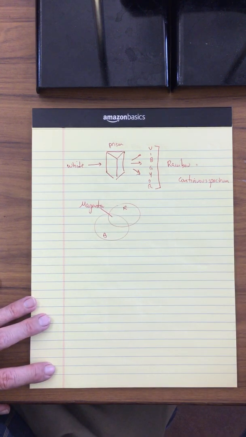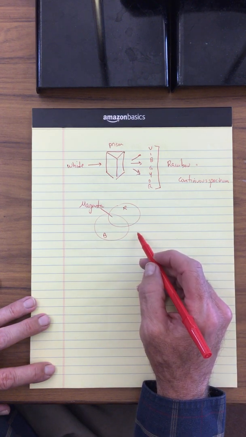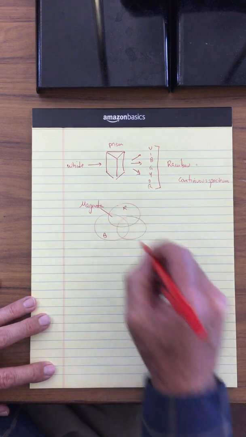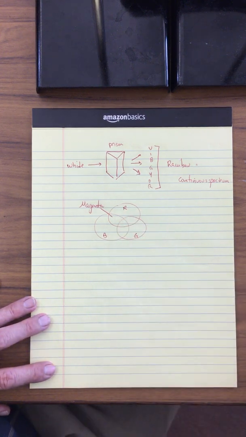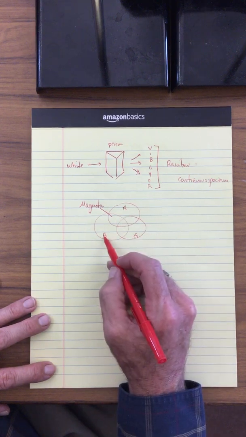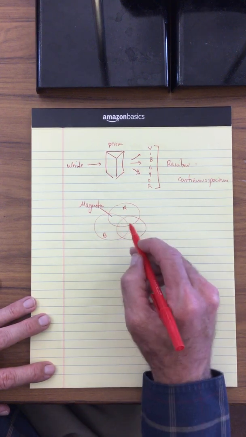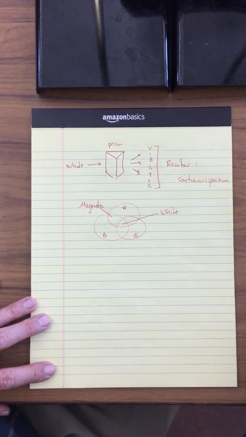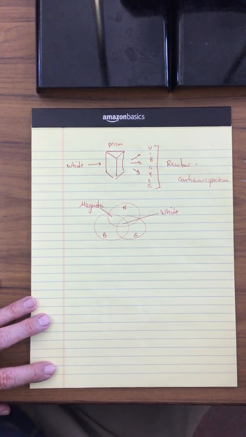Magenta is like a dark red. What's really interesting is the third primary color is not yellow, but the third primary color is actually green. And if you take red, blue, and green together, you will get the color white, because these are the three primary colors, and if you add them together, you will have all the colors of the rainbow to make white again.